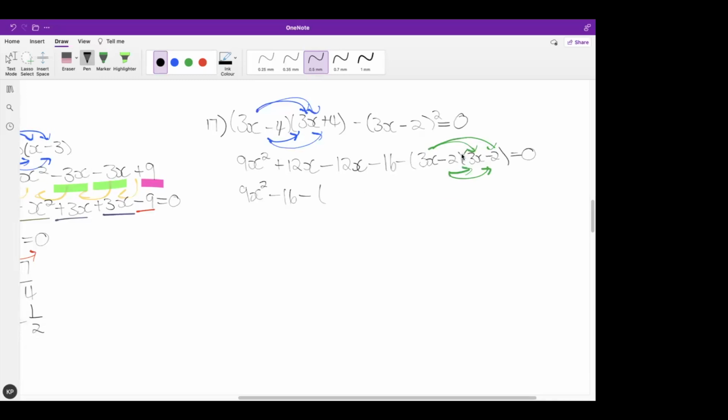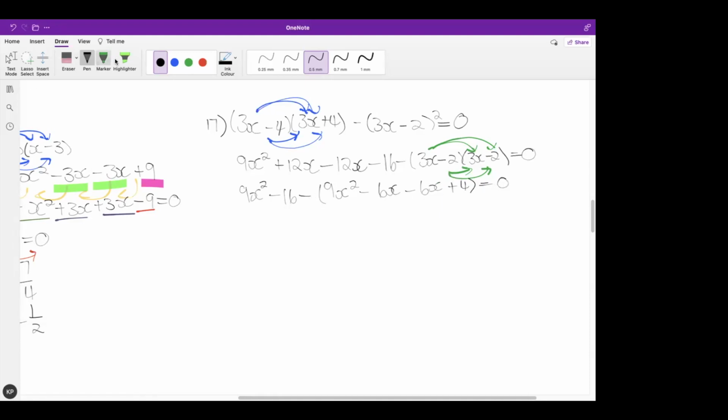Now let's FOIL. 3x times 3x. Again, we have 9x squared. 3x times negative 2 is minus 6x. Another minus 6x. And what's negative 2 times negative 2? That is positive 4 equals 0.